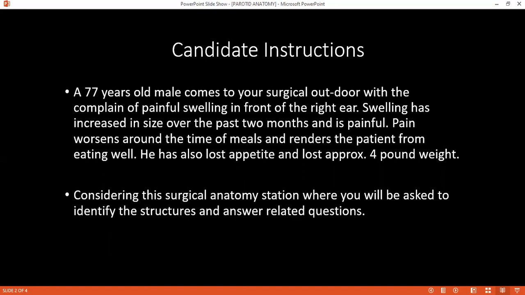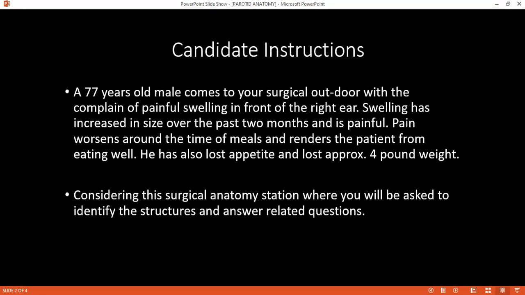My provisional diagnosis will be salivary lithiasis, and the differential diagnosis can be divided into infective, such as mumps or parotitis; inflammatory, such as Sjogren's or sarcoidosis; or neoplasm, which can be benign, including pleomorphic adenoma and Warthin's tumor, or malignant, which can be adenocarcinoma or mucoepidermoid carcinoma.